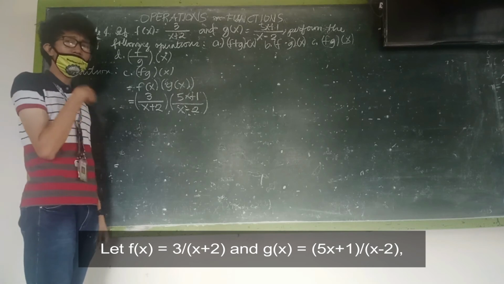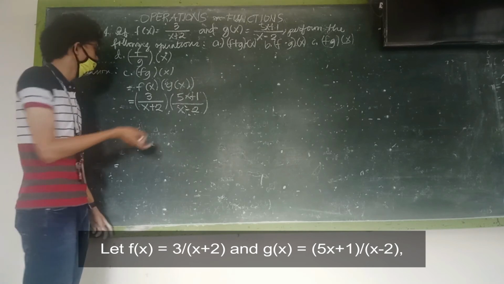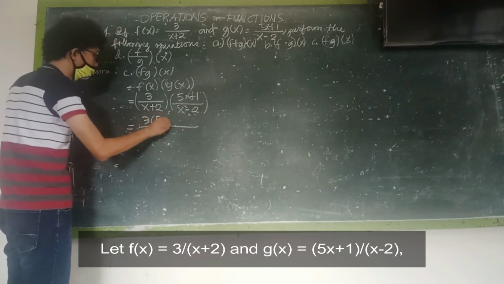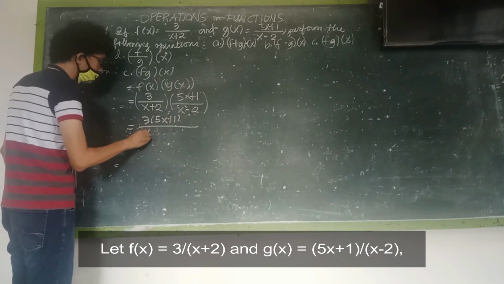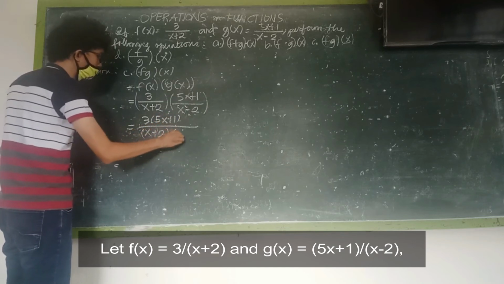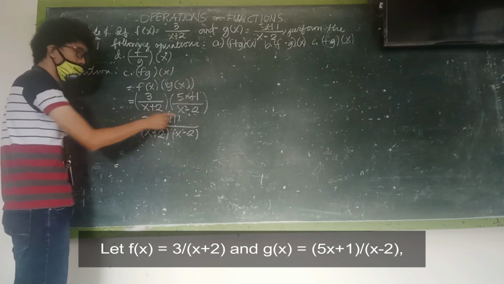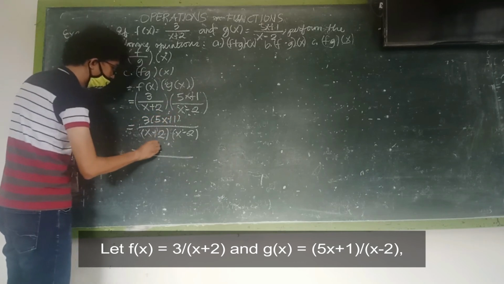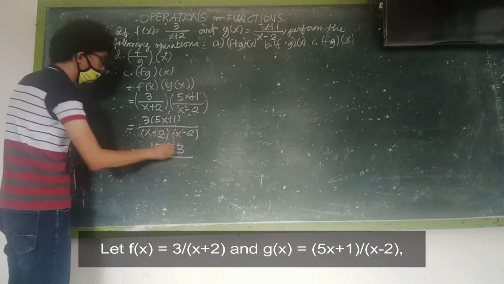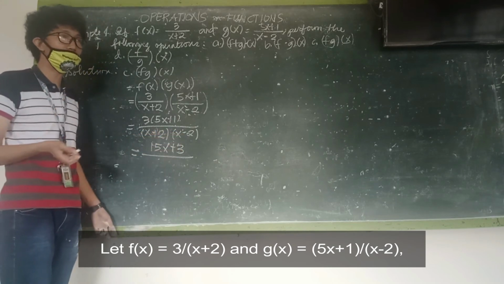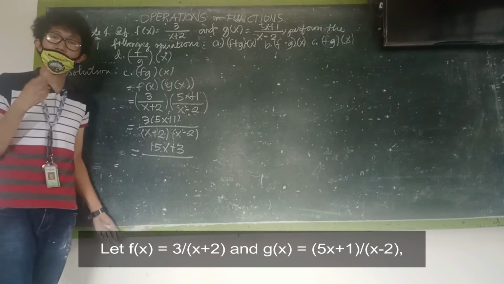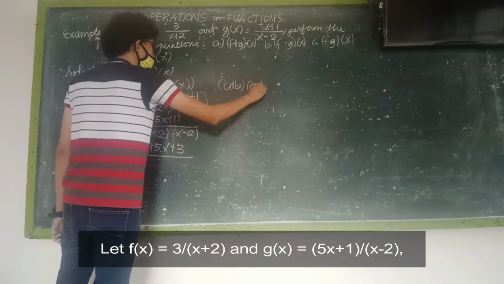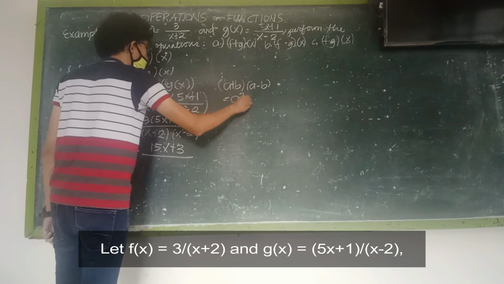In this case, wala tayong ka-cancel. So, direct tayo, i-multiply ang numerator, 3 times 5x plus 1, at sa denominator, mag-multiply tayo ng x plus 2 times x minus 2. So, i-distribute ang 3 sa 5x, ang 3 i-distribute natin sa 1, so magiging 15x plus 3 all over, by FOIL method or by special products. Yung special product natin na sum and difference of two terms: a plus b times a minus b is actually equal to a squared minus b squared.